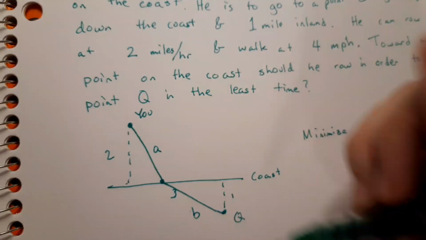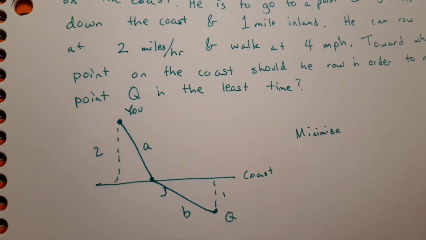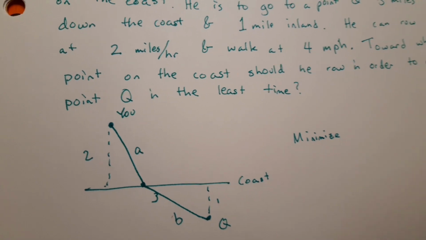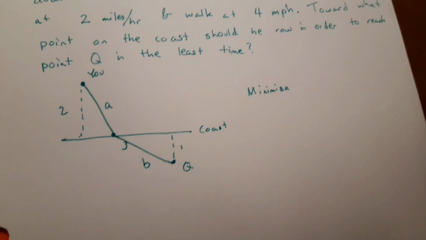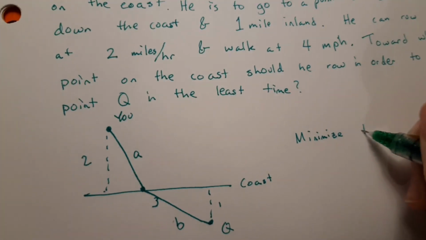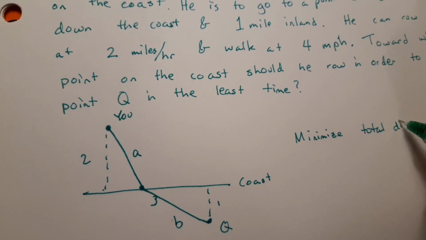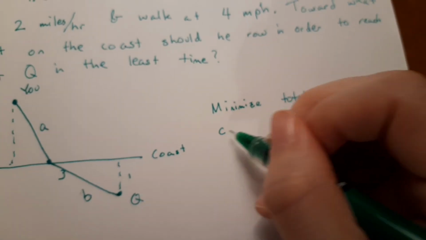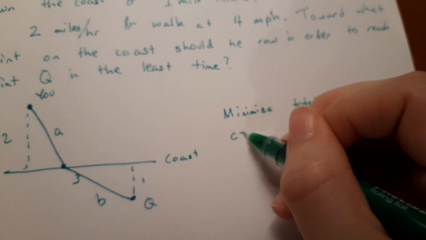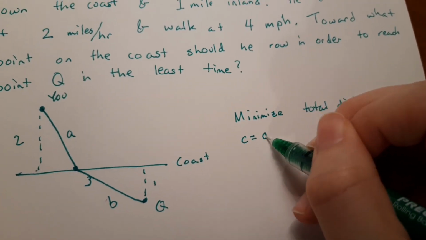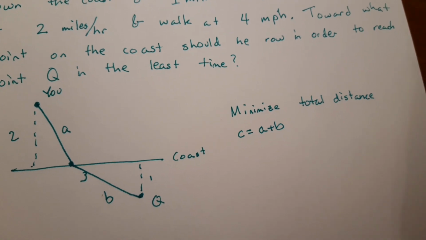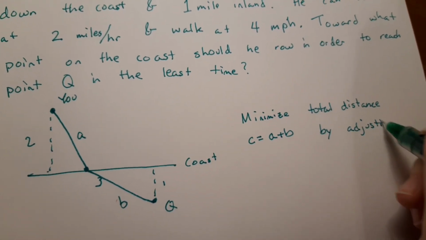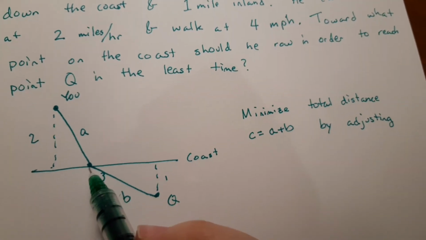Let's call the total distance C. We minimize the total distance C equal to A plus B by adjusting this point right here.